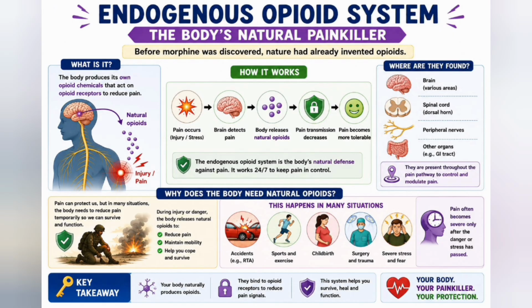These opioids are of four types: endorphin, enkephalin, dynorphin, and endomorphins. So the body releases natural opioids, the pain transmission decreases, and the pain becomes more tolerable. This happens in many situations like accidents, road traffic accidents, sports and exercise, childbirth, surgery and trauma, severe stress and fear.